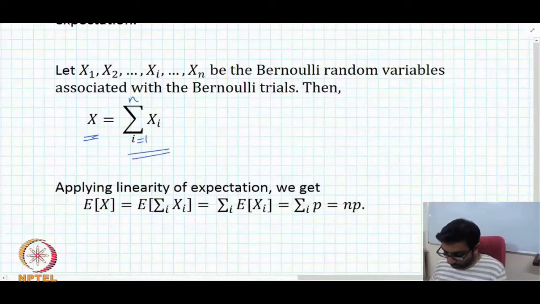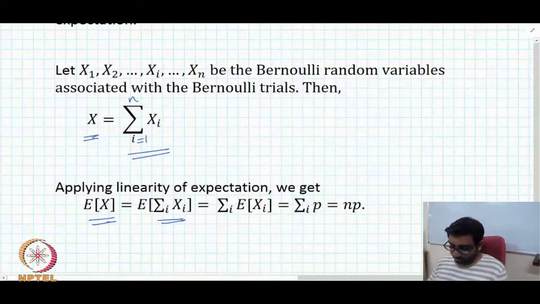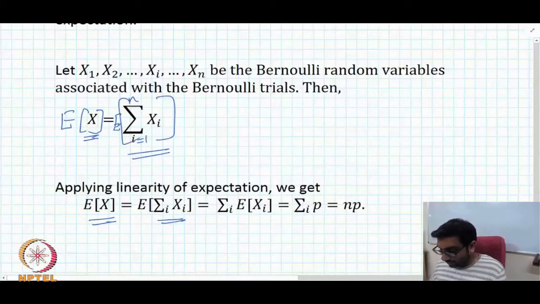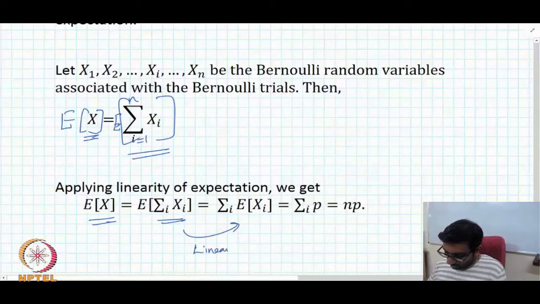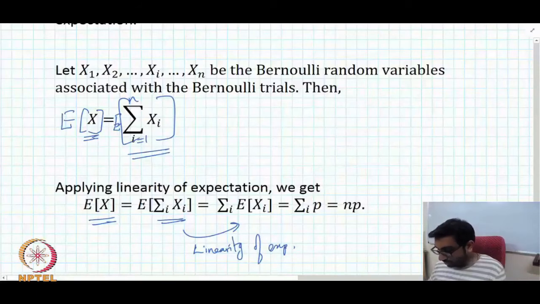Okay, so now we can easily apply the linearity of expectation. What we want to understand is the expectation of X. That's going to be nothing but the expectation of the summation over all i of Xi. That's obtained by applying expectation to both sides. Now we apply the linearity of expectation, so the expectation goes inside and the summation comes outside, and you get the summation over i of the expectation of the individual Xi's.